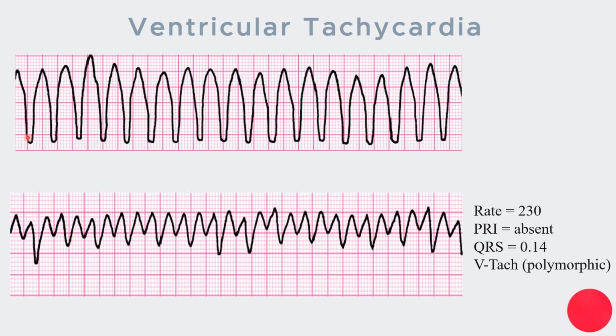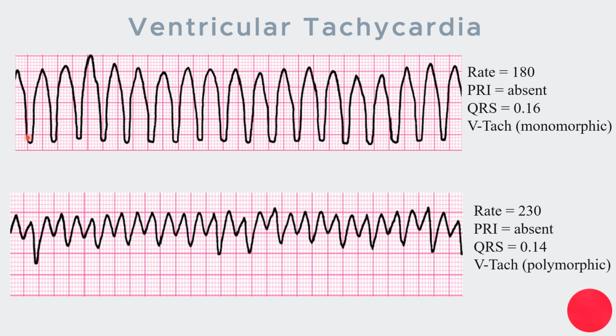Keep in mind with any of your patients that may go into ventricular tachycardia, as with any rhythm, always assess your patient. Make sure that you are able to identify how they are feeling, what symptoms they may have.